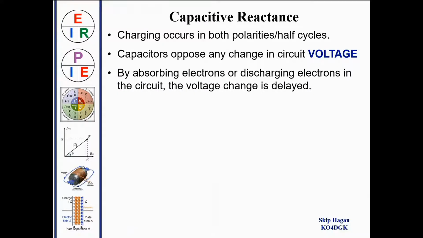So by absorbing these electrons or discharging the electrons, the voltage change is delayed. The result is that current will flow before the voltage goes up. And the current sine wave will lead the voltage sine wave by 90 degrees.